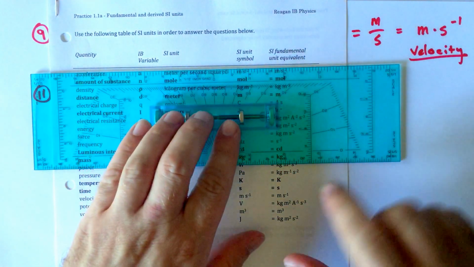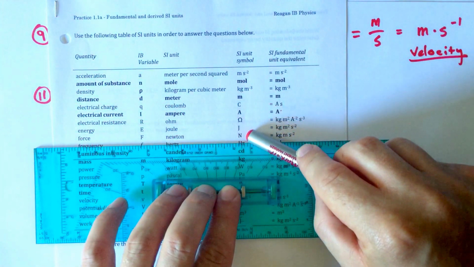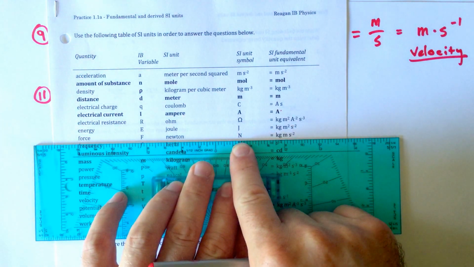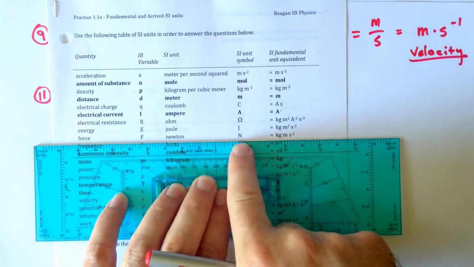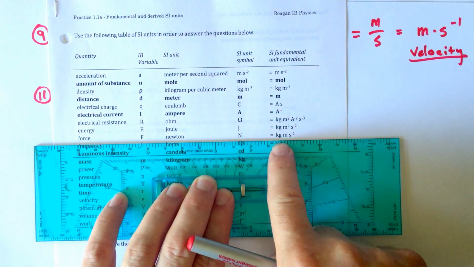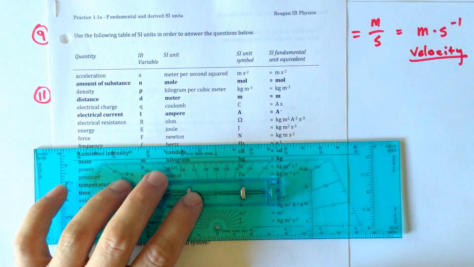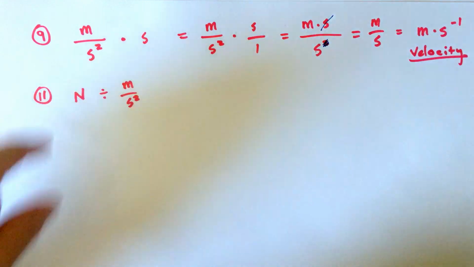So if I find the SI unit symbol N for newtons here, the symbol N represents newtons, but it is equal to kilograms times meters times seconds to the -2 power. And so I'm going to replace where it says N with that.